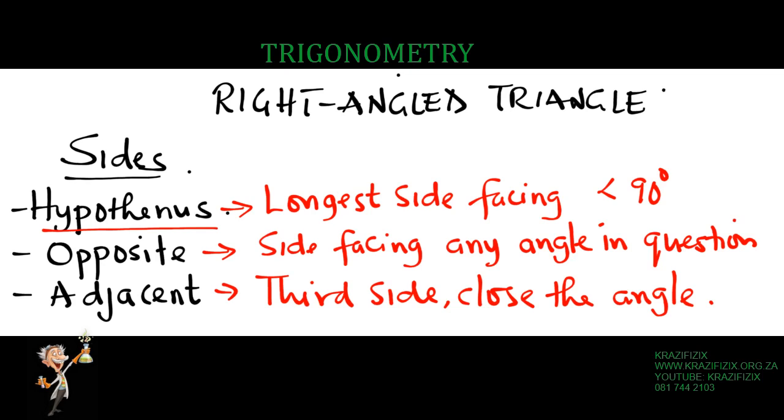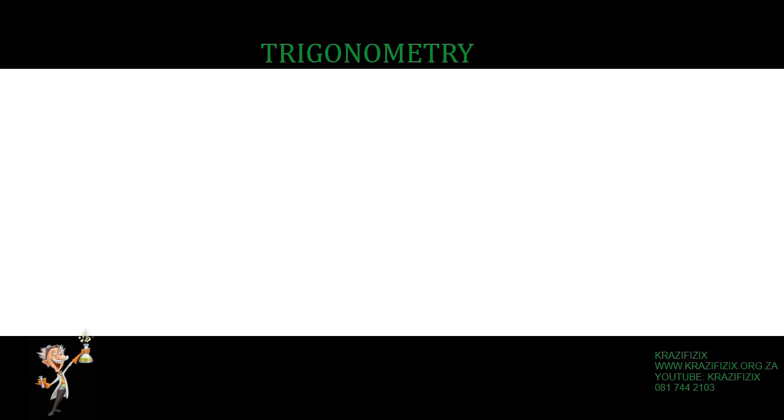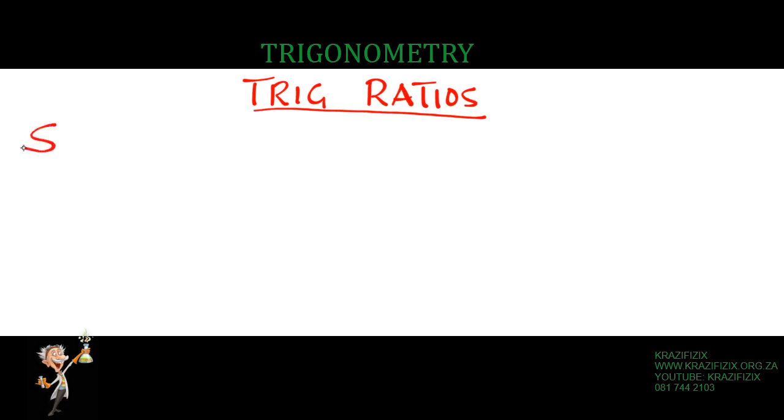Alright. In the remaining 10 minutes in this video, we are quickly going to discuss what we call trig ratios. Trig, trigonometry. So the short form is trig, which is going to say trig ratios. We have three basic ratios. All other ratios are derived from these three. We have sine, that's the first one.